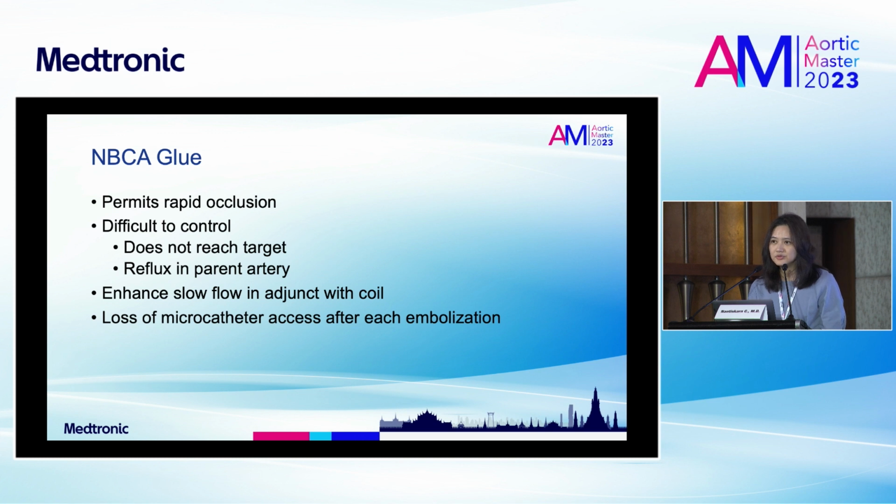But it's very useful in adjunct with coils to enhance the slow flow within the large diameter of the sac. And remember that with each session of glue injection, you will lose the microcatheter access. So if you cannot completely embolize the endoleak sac within one injection, you will need to start over the cannulation again.